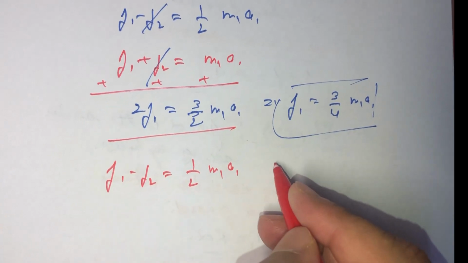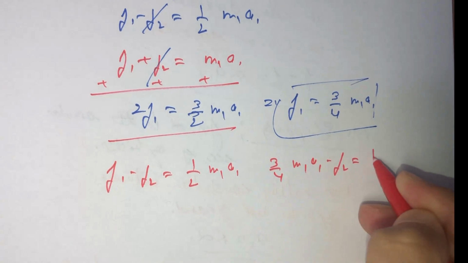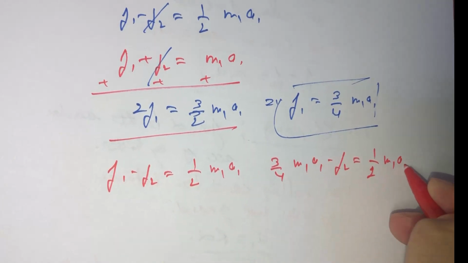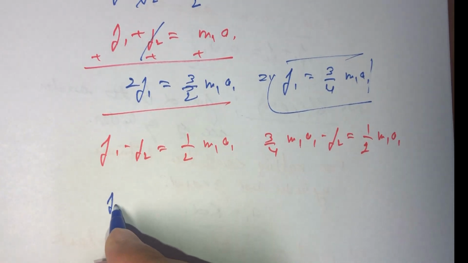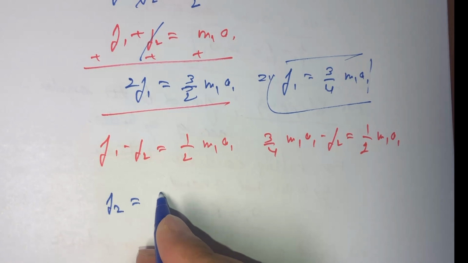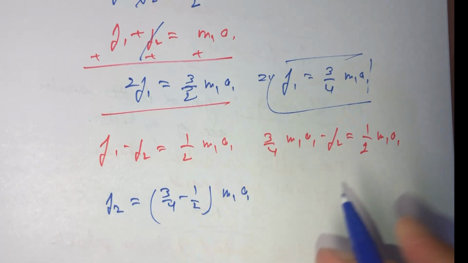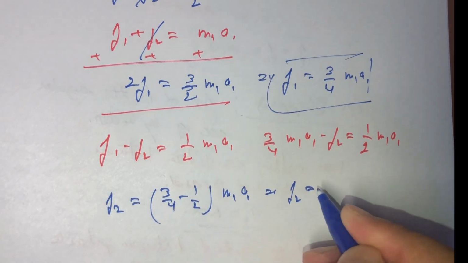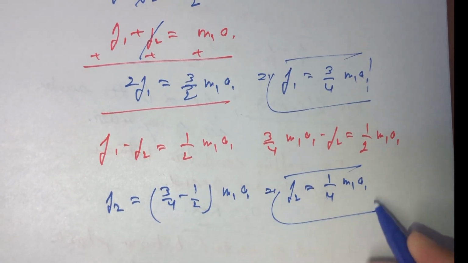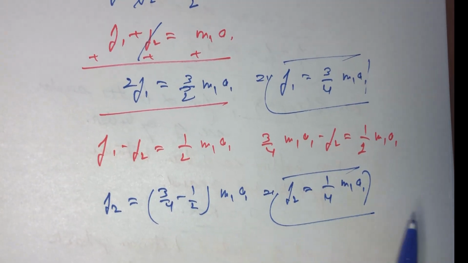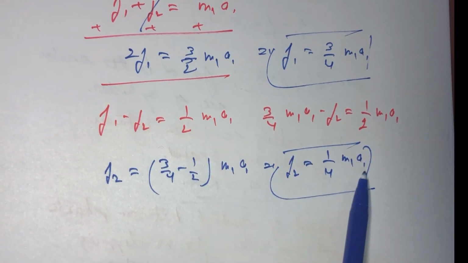Substituting F1, we get 3 by 4 m1a1 minus F2 is equal to half m1a1, or we can say F2 will be equal to 3 by 4 minus 1 by 2 times m1a1. So F2 is equal to 1 by 4 m1a1. Once again we found the relationship between the frictional force F2 and the center of mass acceleration a1.